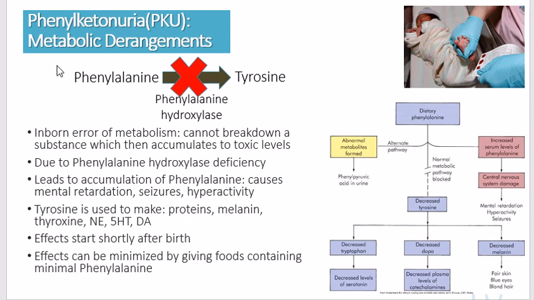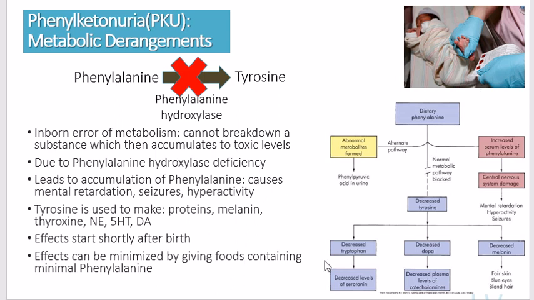And how this condition is detected is right at birth through a heel stick test. The infant is pricked at the heel and samples are taken, and tests are run to see if the enzyme is or is not present.